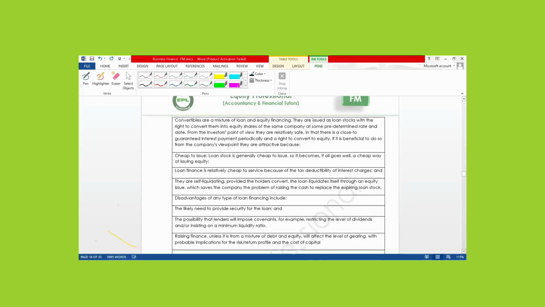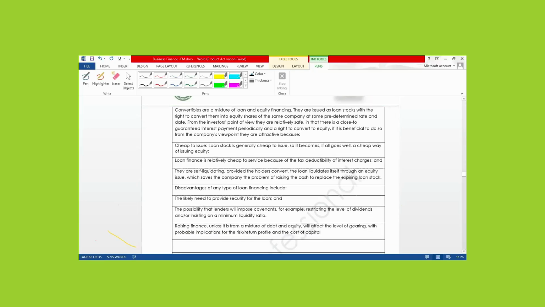That we said lenders might insist on minimum liquidity ratio. And he now said liquidity ratio will bring the business down. Won't that bring the business down?